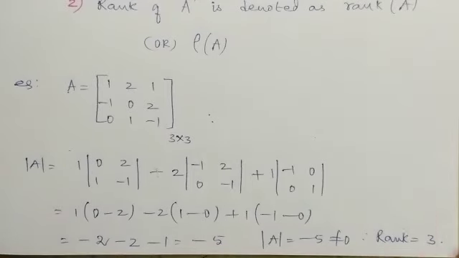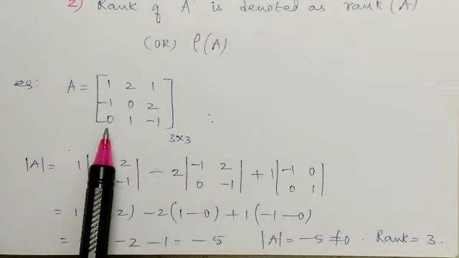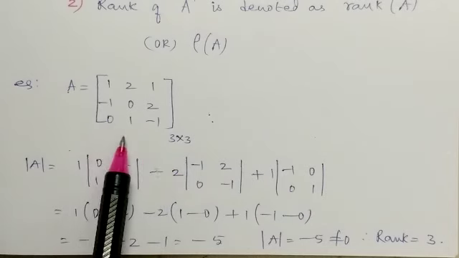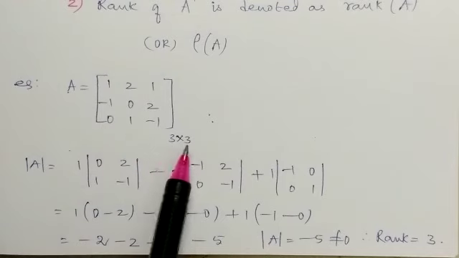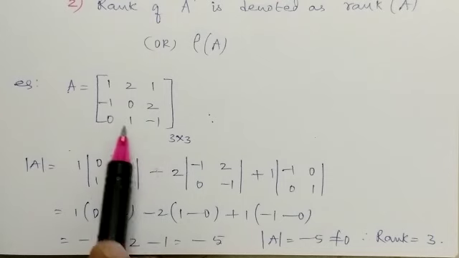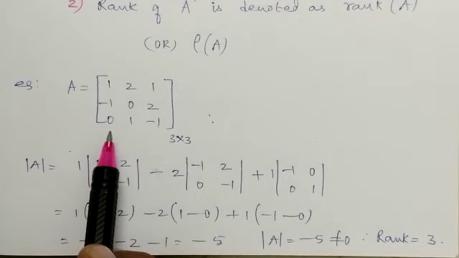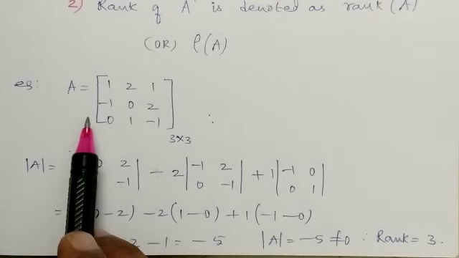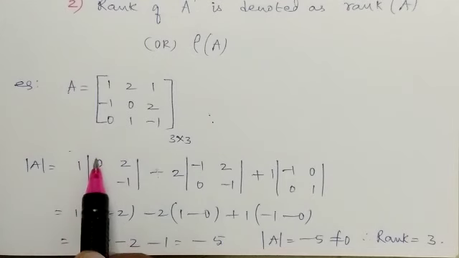First of all, I shall find a submatrix of highest order in this 3 by 3 matrix. As I said, every square matrix is a submatrix of itself. Not only the square. Every matrix is submatrix of itself.